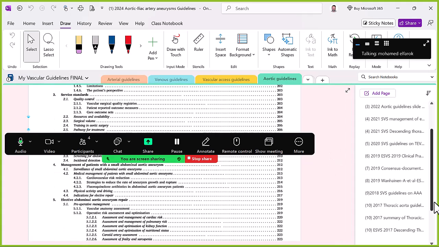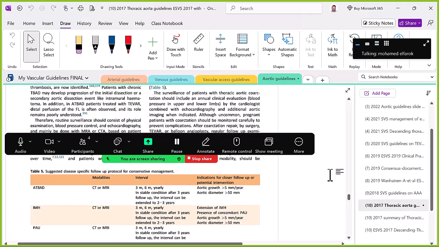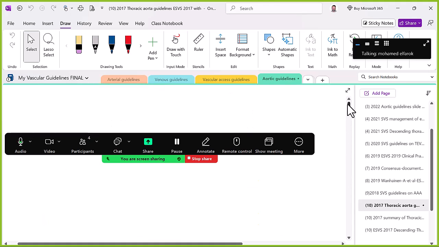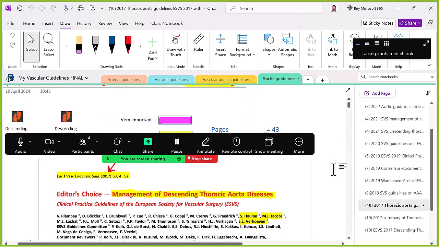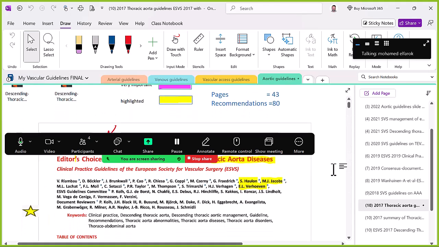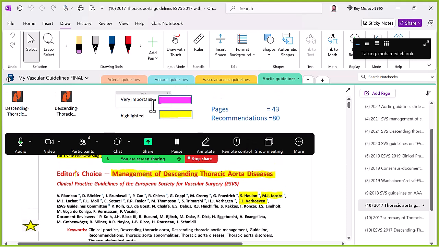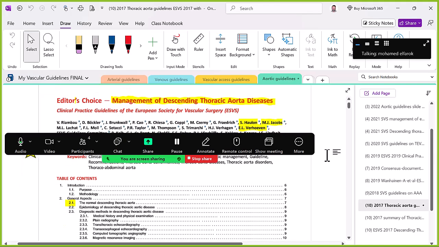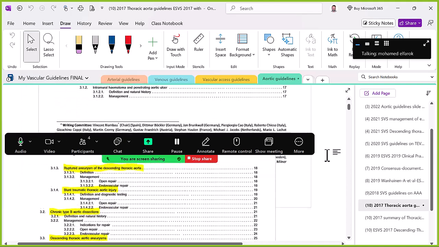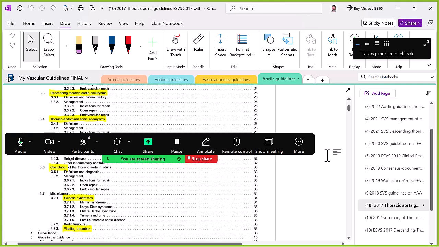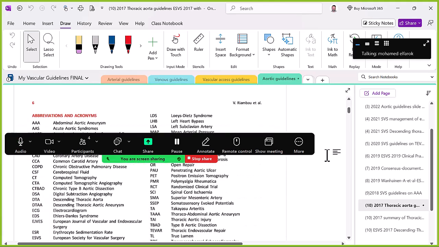For example, this thoracic aorta, one of the guidelines that I used to put a mark on what is important, a yellow mark, and what is very important, I put a different color, and I can write on it. So these are the items that I need to study, and so on.